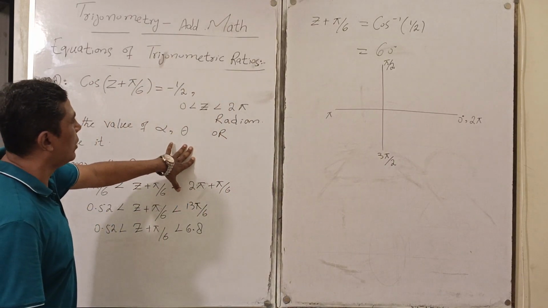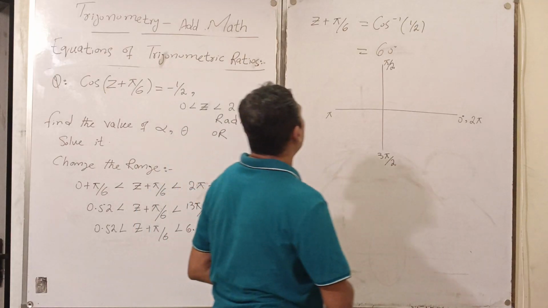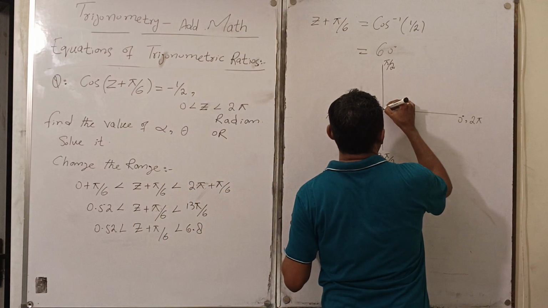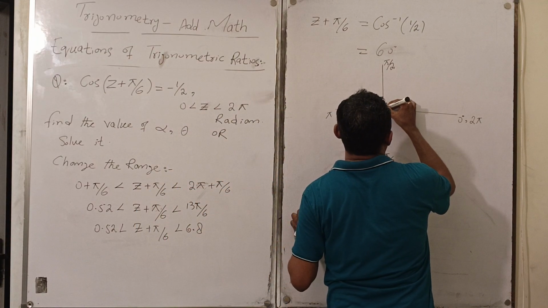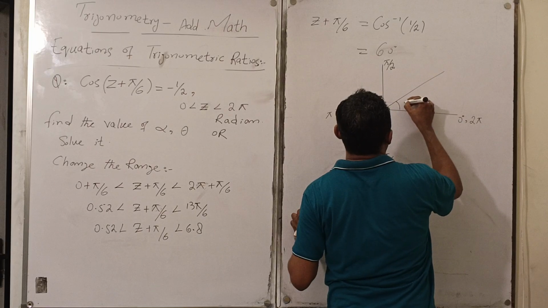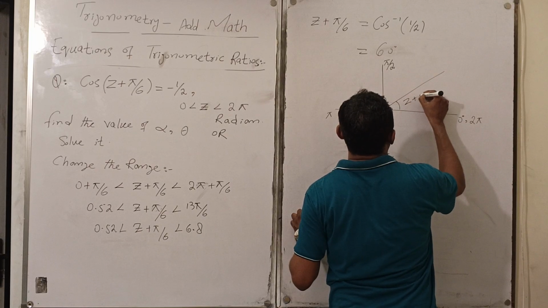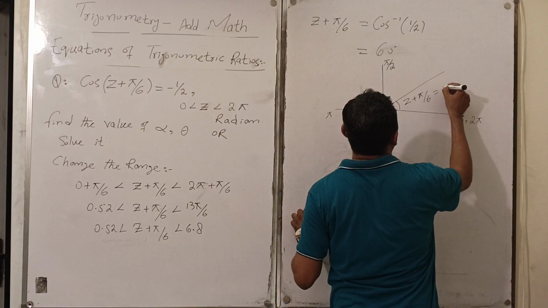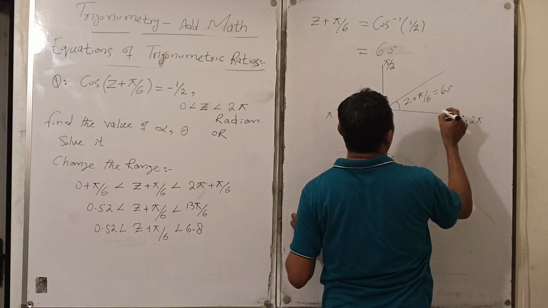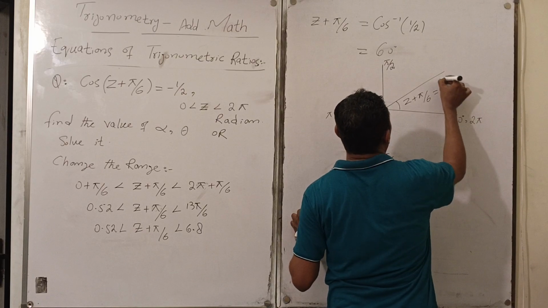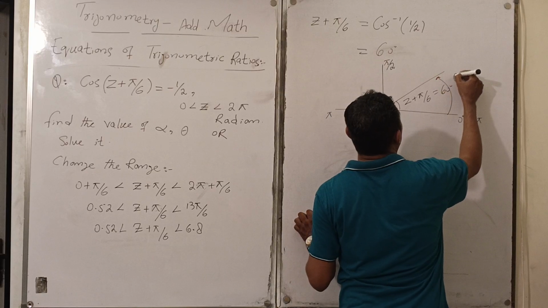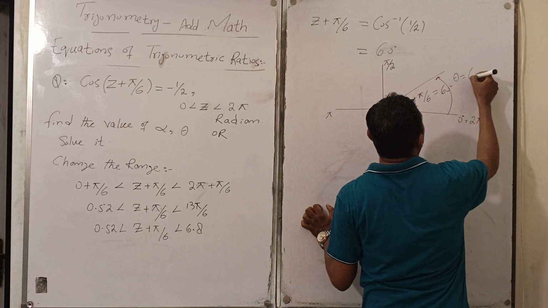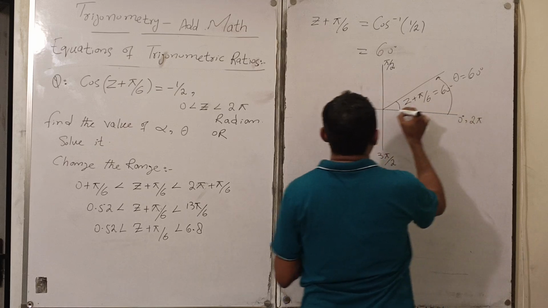Now the value of this is 60, meaning z plus pi over 6 equals 60 degree. So it means theta is 60 degree.